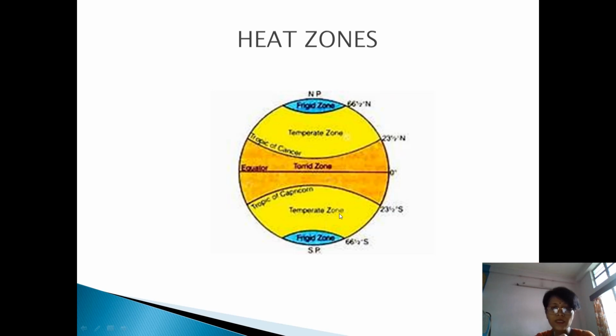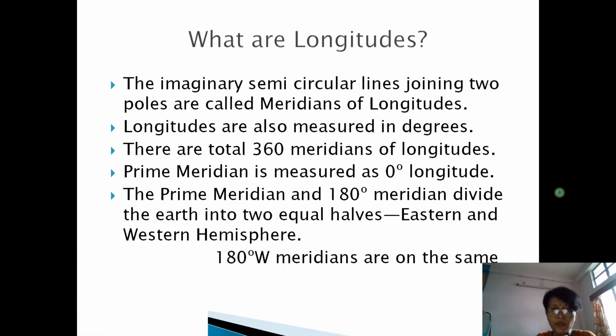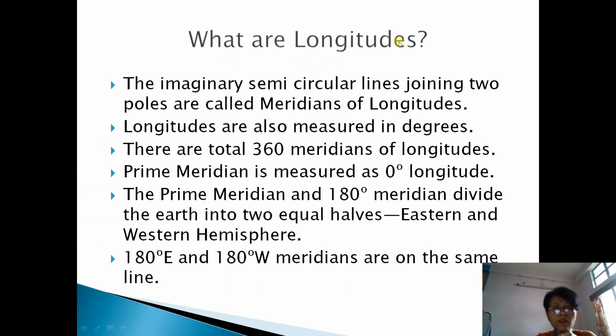So these are mainly the three heat zones: the torrid zone, temperate and frigid. But we can divide the temperate zone into north and south, and the frigid zone also into north and south, in this way.